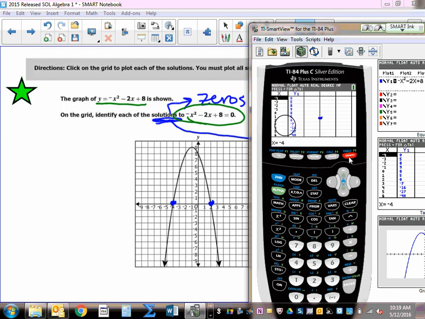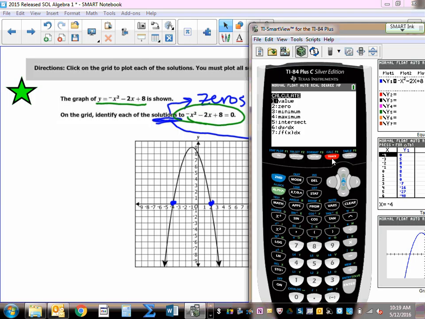Another way you can do this, remember that calculate button? Hit second, calculate. What is another word for solution? 0. Look, you can find your 0. So go down to option 2 to enter. Now you have to do a little bit of work for this, okay?